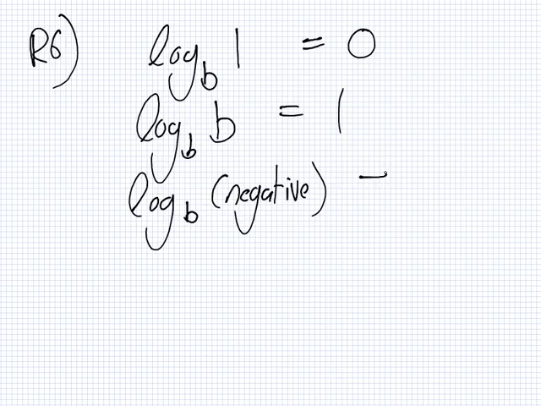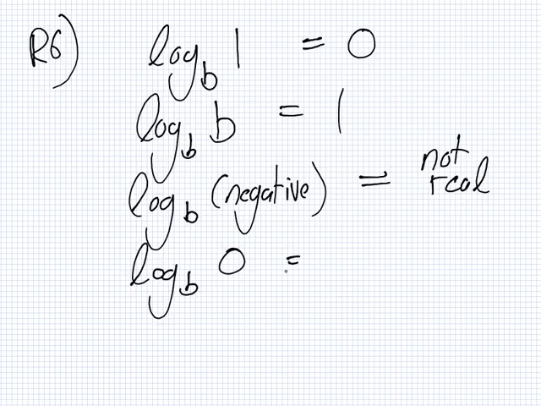is undefined, yes. Well, not that it's undefined, it's not a real number, which is a little bit different to undefined. And then lastly, log base b of 0. So b to what power makes 0? Yeah.